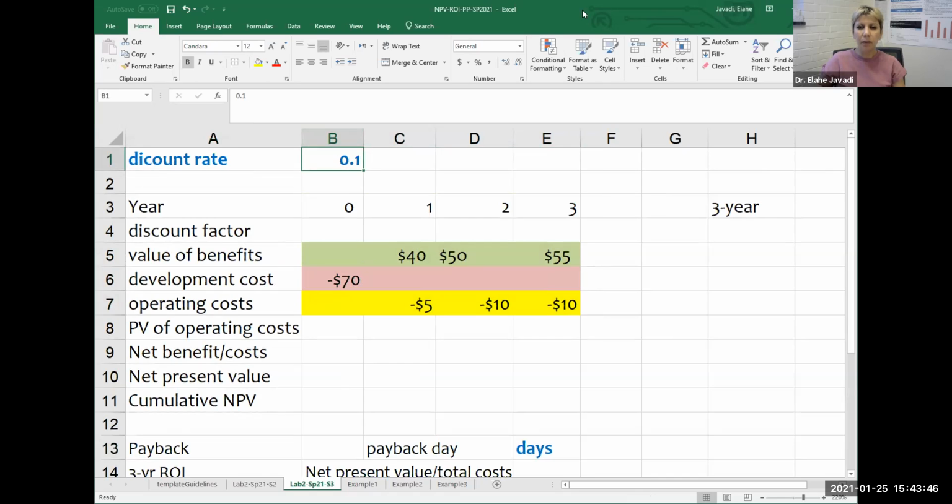Let me go back to my whiteboard and share a note about discount rate.